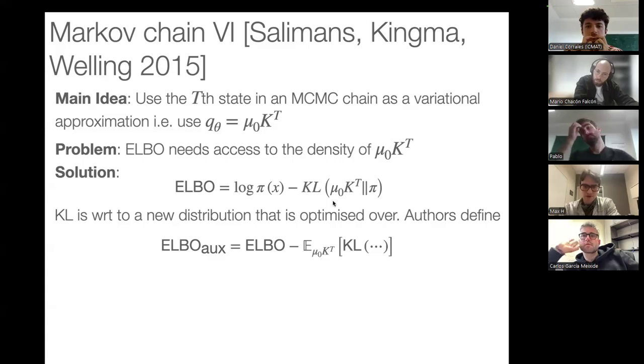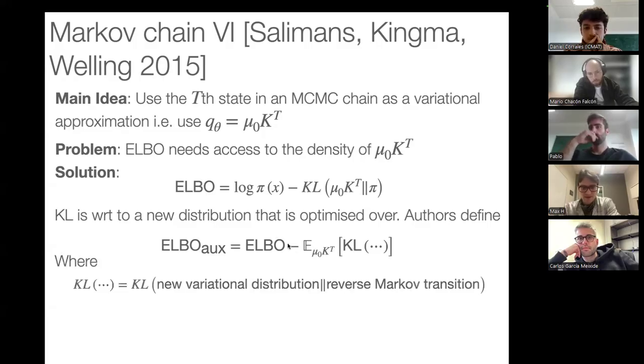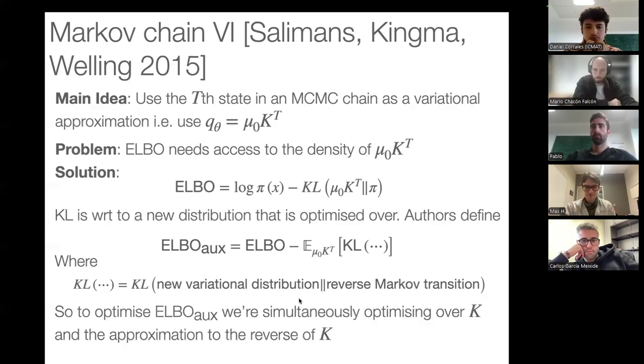Also, in a similar way to the original construction of the ELBO, the authors introduced a new distribution that serves as one of the arguments of the KL. In particular, the maths works out that the KL is between the joint variational distribution and the reverse Markov transition.